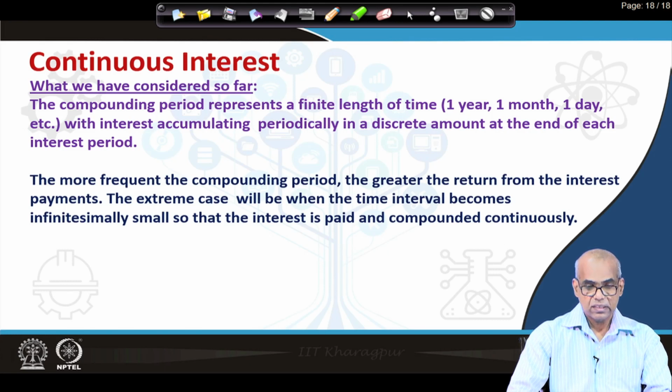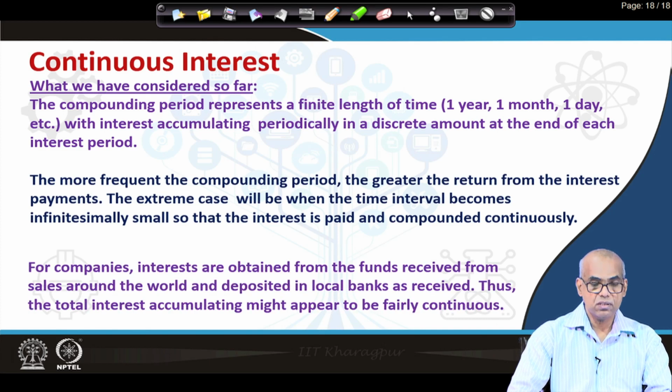When the interest is paid and compounded continuously, we call it continuous interest. For companies, interest is obtained from the funds received from sales around the world and deposited in local banks as receipt. Thus, the total interest accumulating might appear to be fairly continuous.